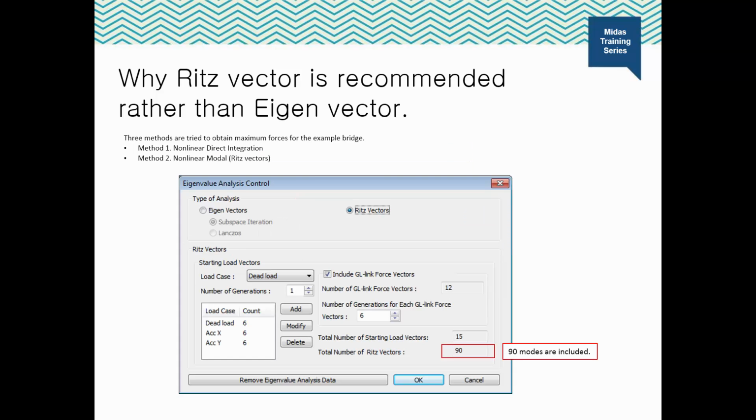In the first method, nonlinear direct integration, we analyze each and every step separately, and hence it takes the longest time to analyze. We will be comparing the rest of the two methods with nonlinear direct integration as the base.